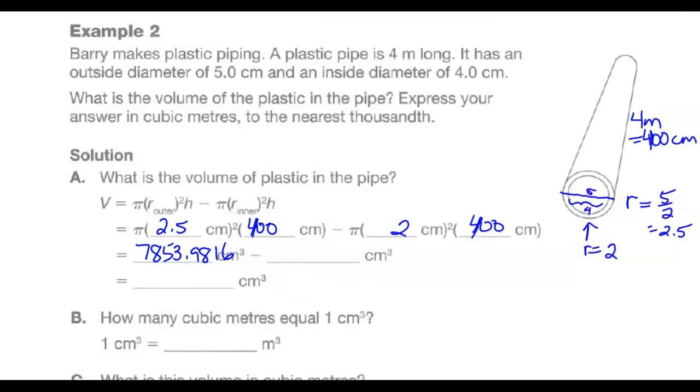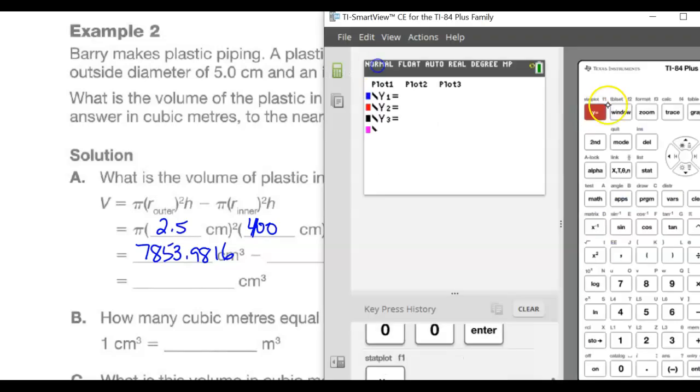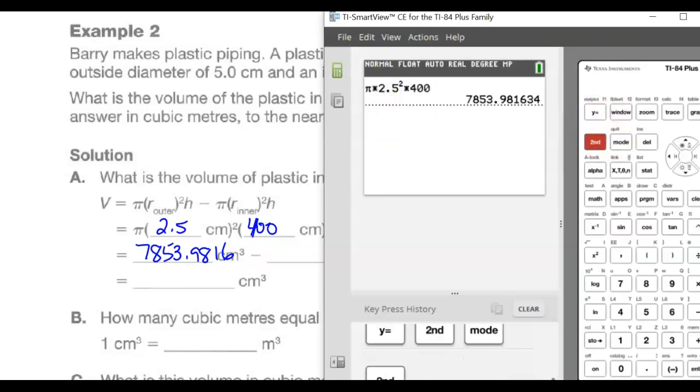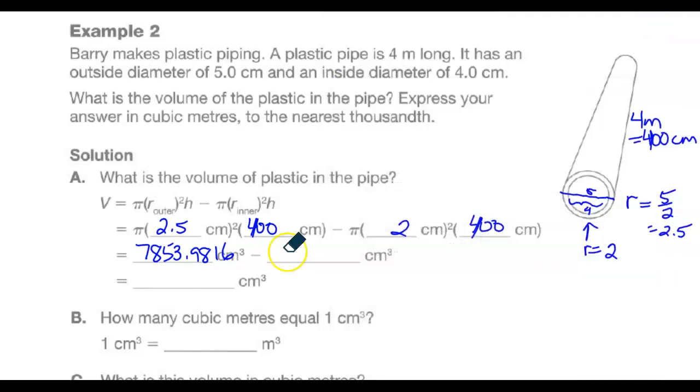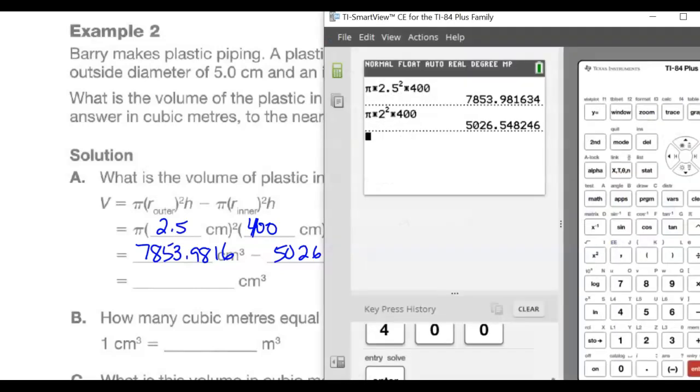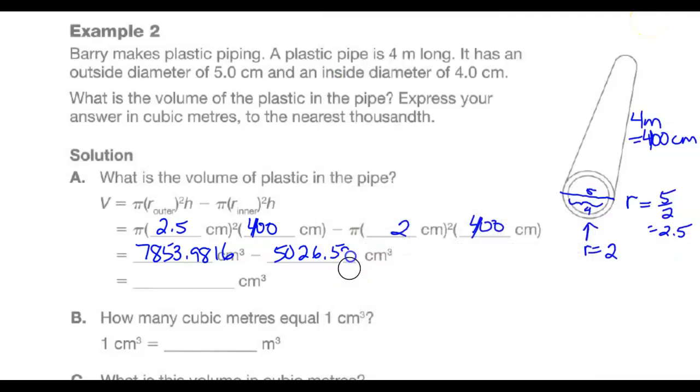Yep. Okay, and then pi times 2 squared times 400 is 5026.5482. And then subtract those.